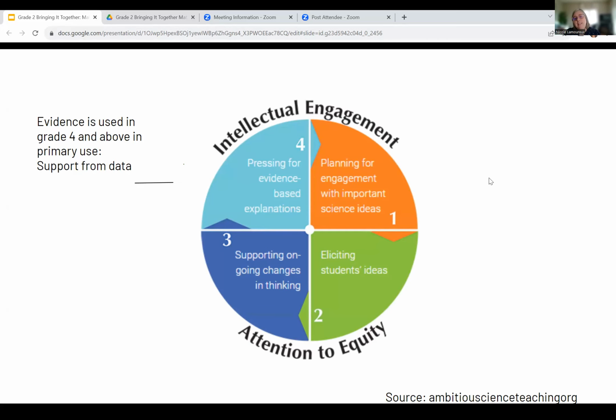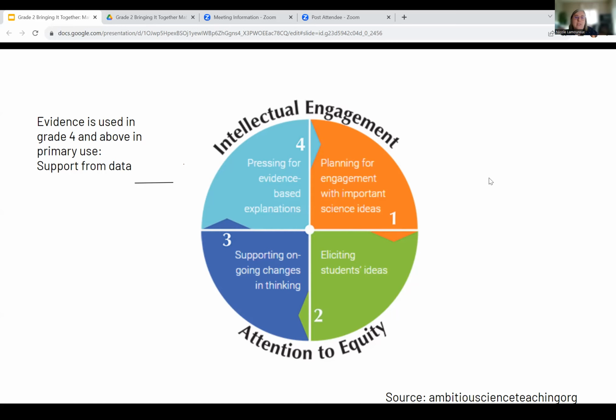So the framework has a process, and that is planning for engagement with those important science ideas, then getting from our students what they know. I was asked yesterday about a KWL, and in primary, I think asking what do you know about materials, their knowledge is going to be limited, but there are ways of getting at it in a different manner and approach.